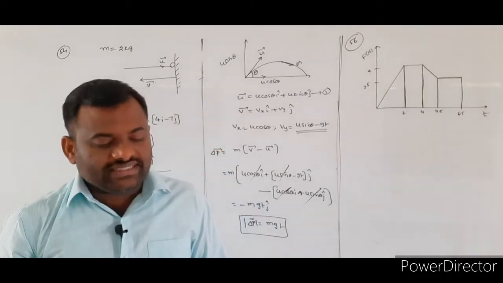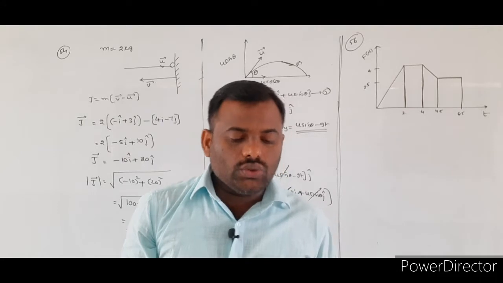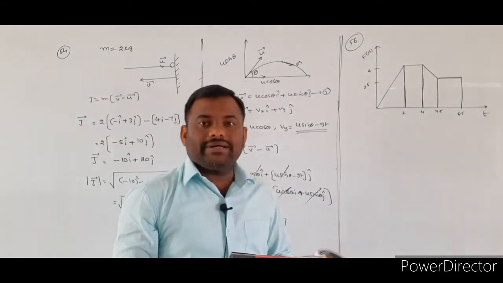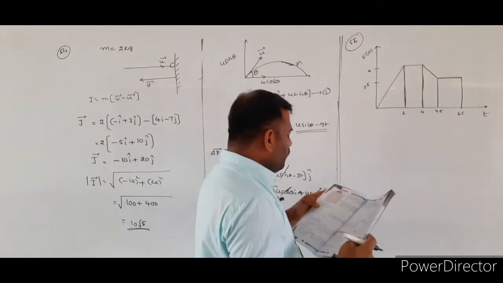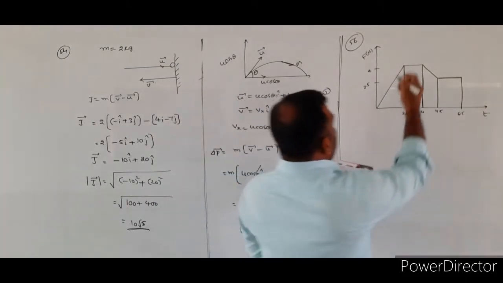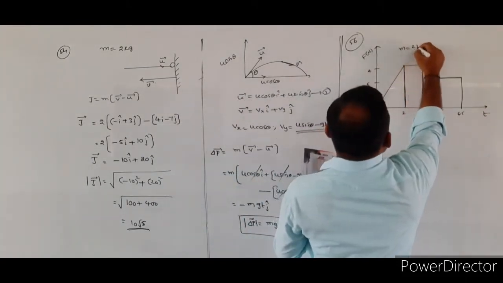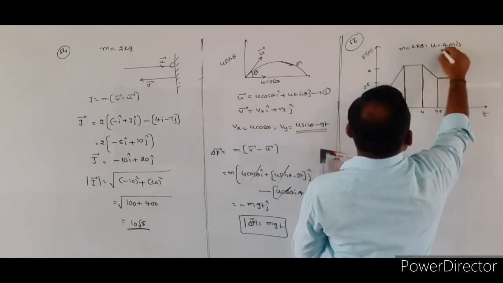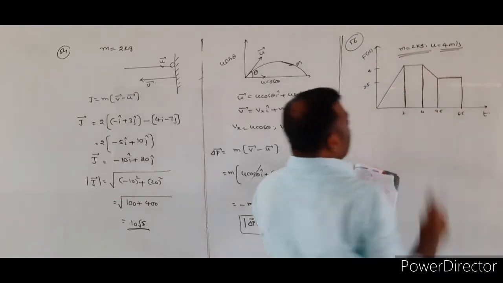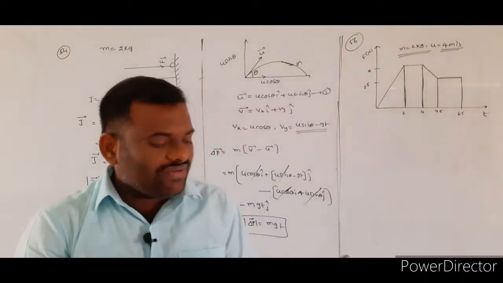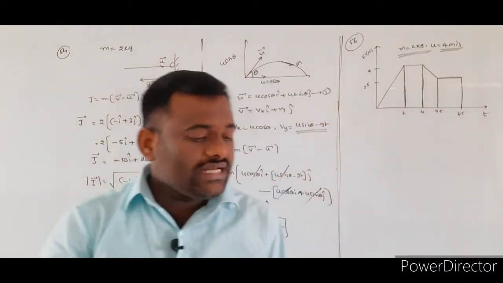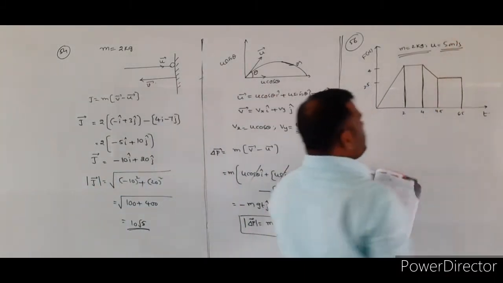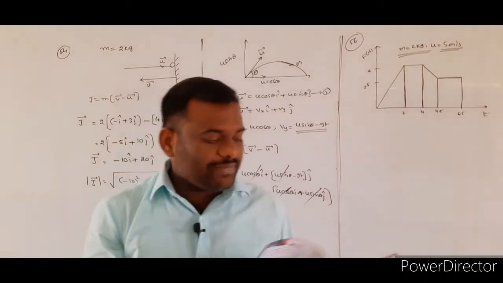In problem number 56, a body of mass 2 kg has initial speed of 5 meter per second. So what values did they mention? The mass of the given object is 2 kg and the initial speed is 5 meter per second.